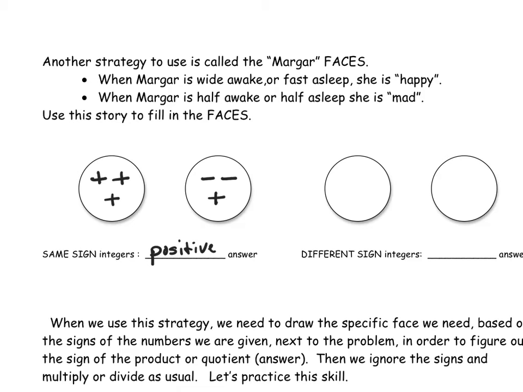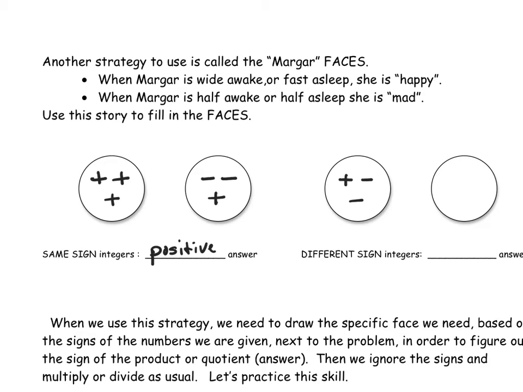So now let's look at the next bullet. It says when Margot is half awake or half asleep, she's mad. So let's draw those two faces. If she's half awake, so one eye is open and the other eye is closed, she's mad or negative.